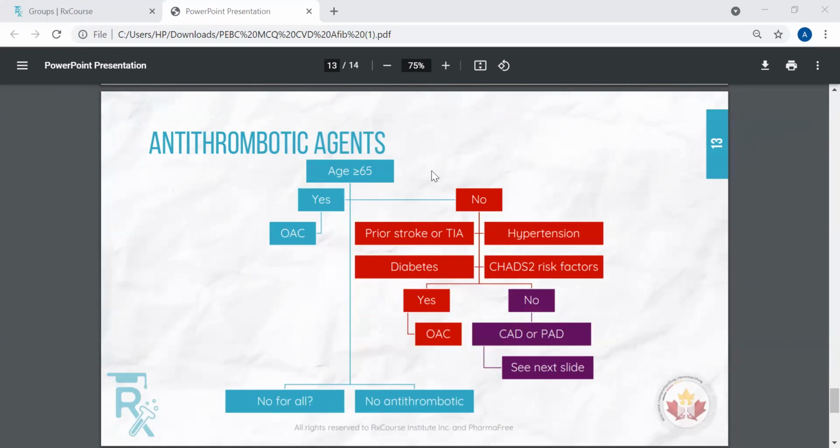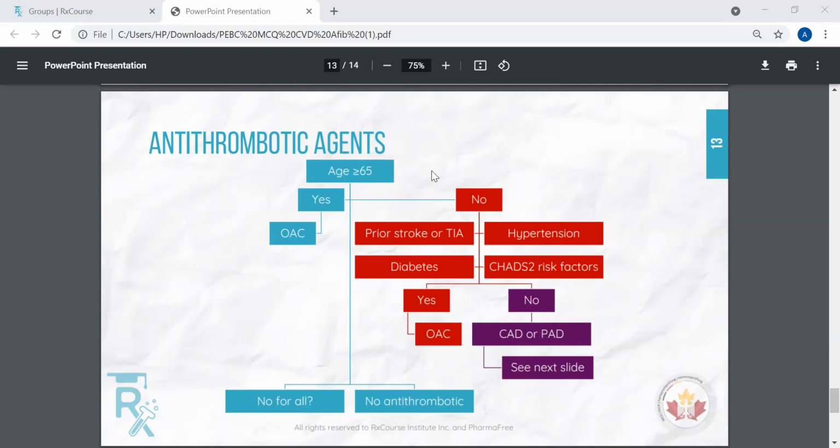So before looking to anything, if the patient is 65 or more, I will give him oral anticoagulant. He has hypertension, diabetes, he doesn't have, whatever, the age is what I look to first. 65 or more, give oral anticoagulant.